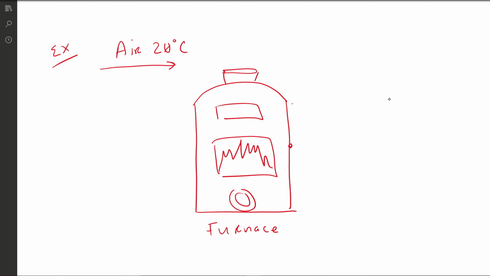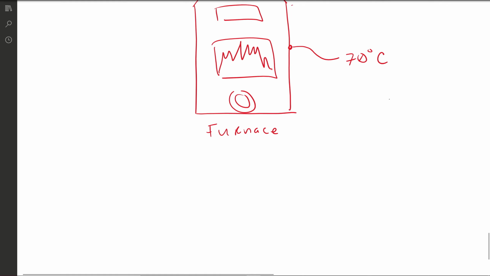The furnace, we'll say, is about 70 degrees Celsius. As the air passes over, the air will be greater than 20 degrees Celsius. So the cool air will heat up as it flows over this very warm surface, and it does so via heat convection.